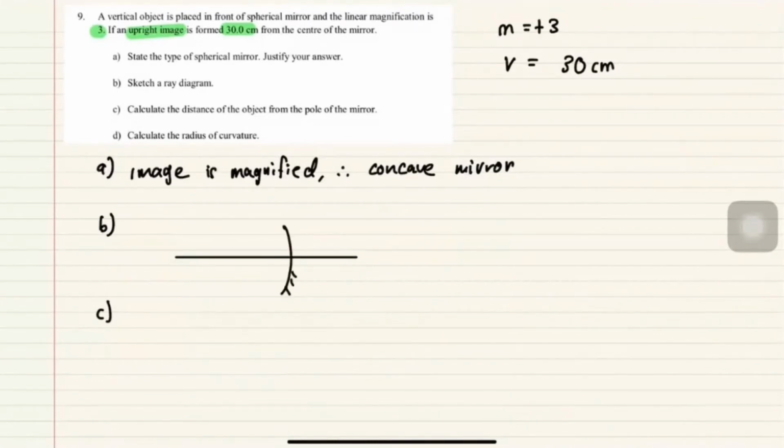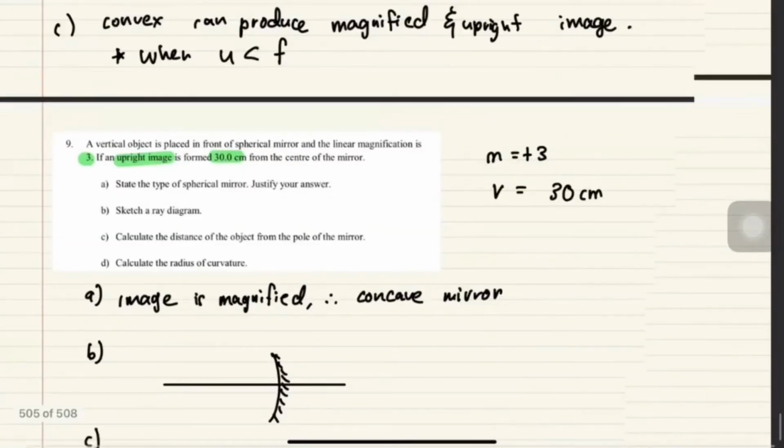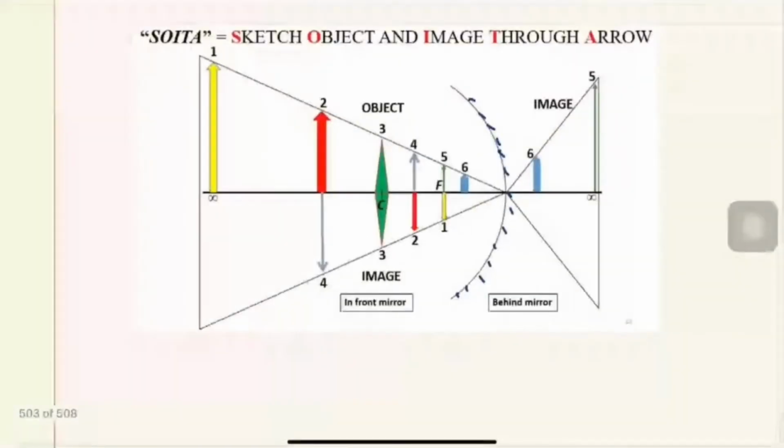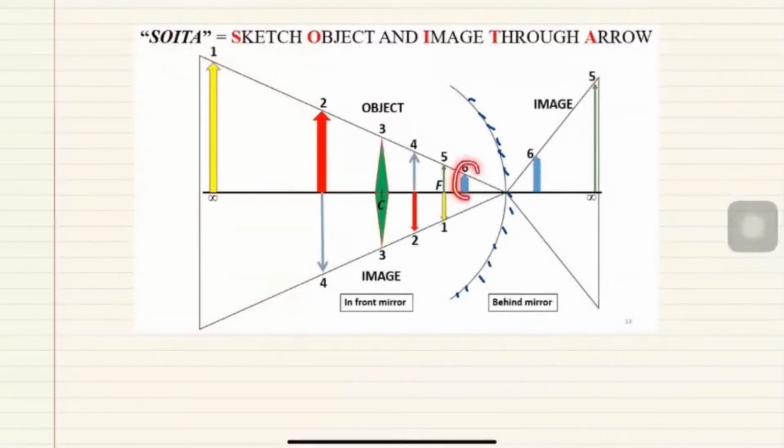Okay, kalau magnified, kamu ada dua position of the image. Okay, satu bila dia dekat belakang, satu lagi bila dia dekat same side. Okay, magnified image can be produced bila objek kamu dekat sini, image kamu dekat situ, ataupun objek kamu dekat sini, image kamu dekat sini.